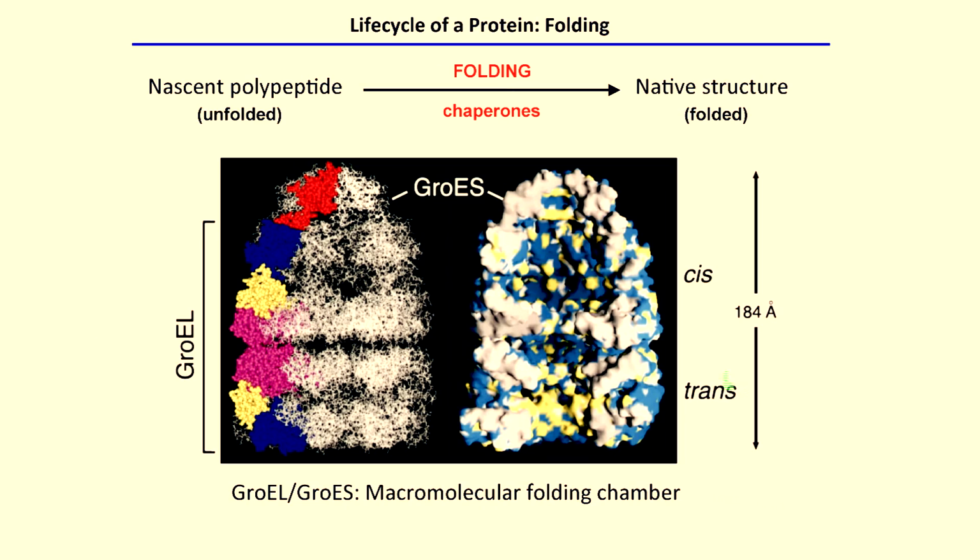GroEL, GroES, look at how big this is. So how does this chaperone allow some nascent polypeptide that's unfolded or partially folded to obtain its native structure? Okay, and there's many details in this depiction here that probably aren't apparent yet, but by the time we're done with Module 2, it will be there.